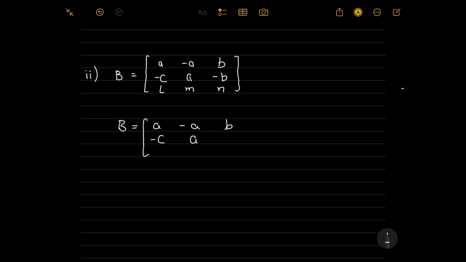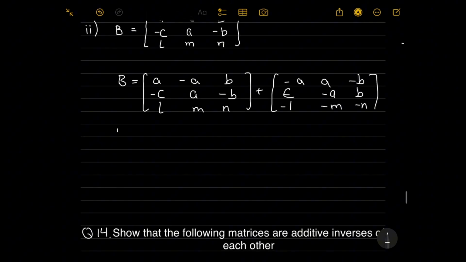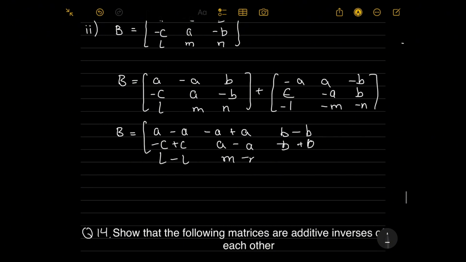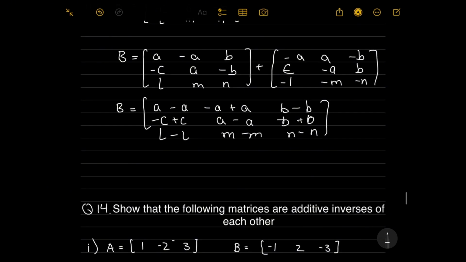Copy this down, B, L, M, and N. So add a matrix with opposite signs: minus A, minus B, minus C, minus L, minus M, minus N. And adding, A minus A, B minus B, minus C plus C, L minus L, M minus M, N minus N. So it's also a null matrix here, all zeros. So null matrix is the answer.